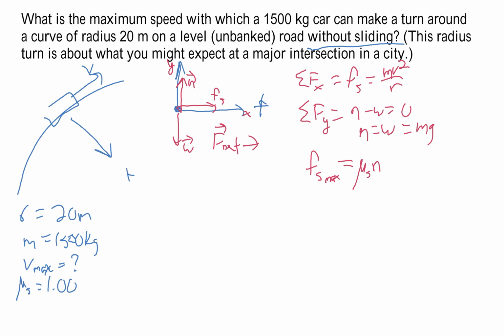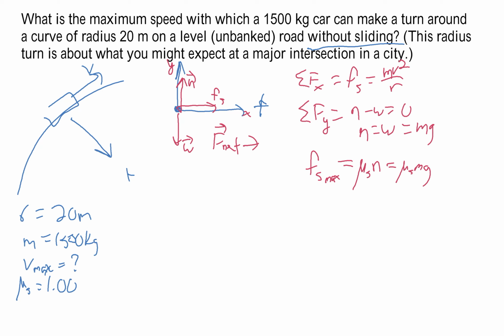The maximum possible static friction force will happen when we have our maximum speed going around the curve. So this is what we're looking for here now, okay? Then the normal force is actually equal to mg. So we have now mu sub s mg.